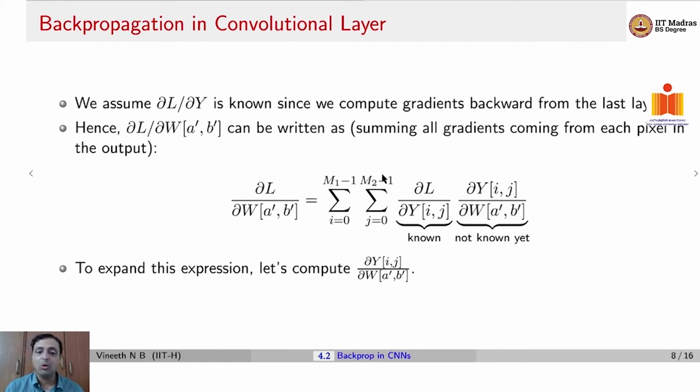So we have to sum over all of these gradients, where you have ∂L/∂Y_ij, which is the gradient of the loss with respect to one particular pixel in that next layer's map, times ∂Y_ij/∂W at a', b'. Chain rule. ∂L/∂Y we assume is already known through backpropagation until that particular step.